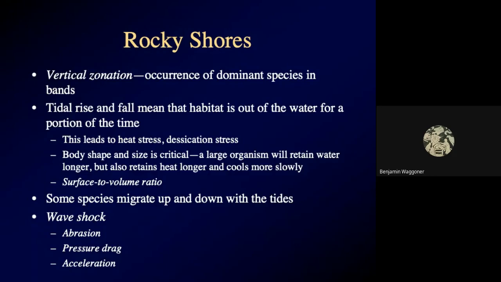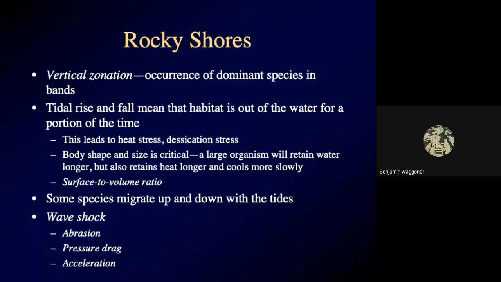If you have organisms that are absorbing oxygen or something else through their outsides, the larger they are, the more volume they have per unit surface area, and the amount of oxygen they can take in is limited by the surface area. So the less oxygen per unit of living tissue they'll tend to have.